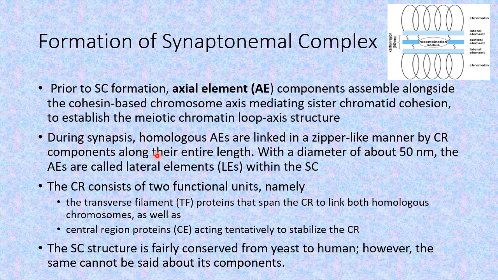After that, the transverse filaments organize between these two lateral elements in the central region, which is 100 nanometers wide. These transverse filaments form a zipper-like structure connecting the two lateral elements of the two homologous chromosomes that come to lie parallel to each other during prophase 1, the leptotene stage.